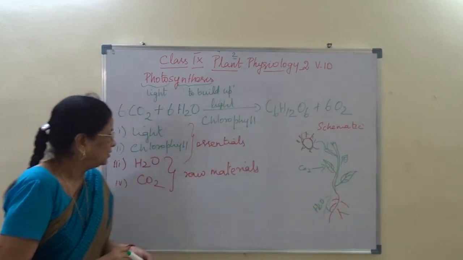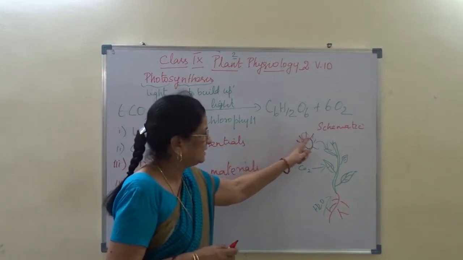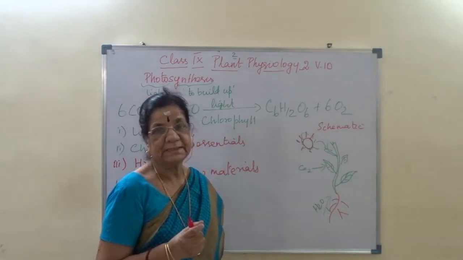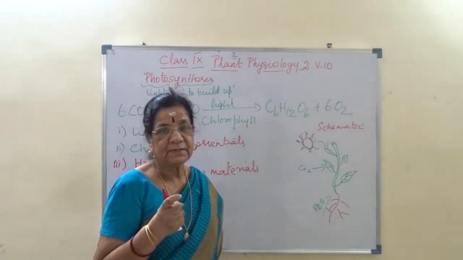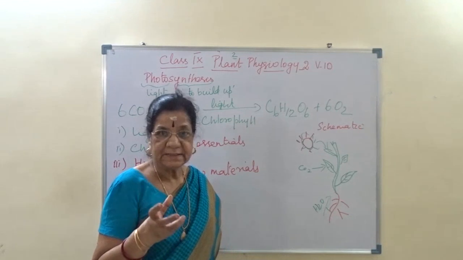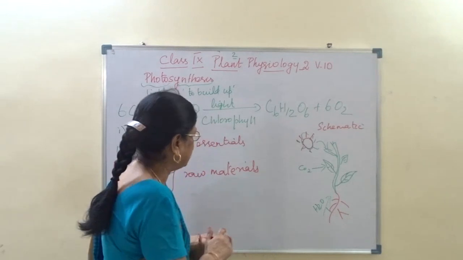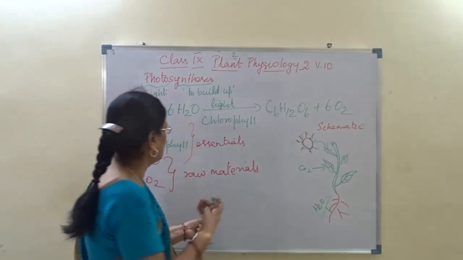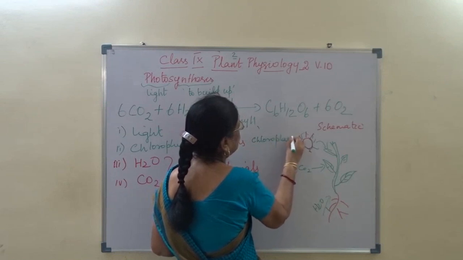Now listen. When the sunlight falls on the leaf, it becomes excited and starts reacting, acting upon the chlorophyll. In the leaf, the chlorophyll is present in a structure called the chloroplast.